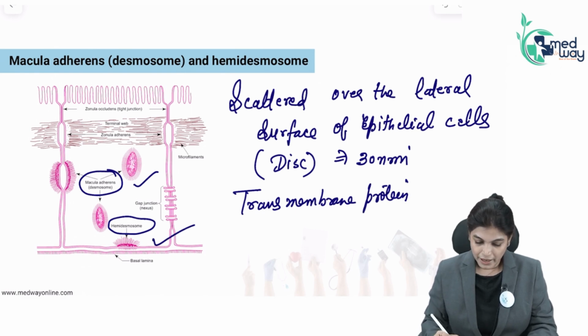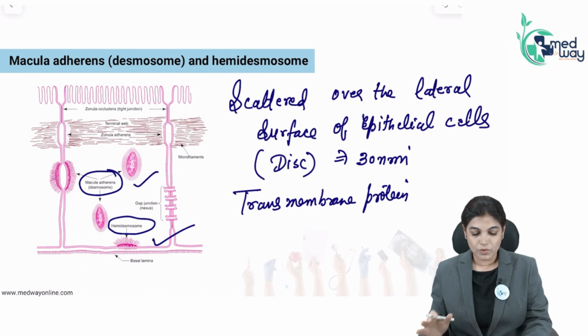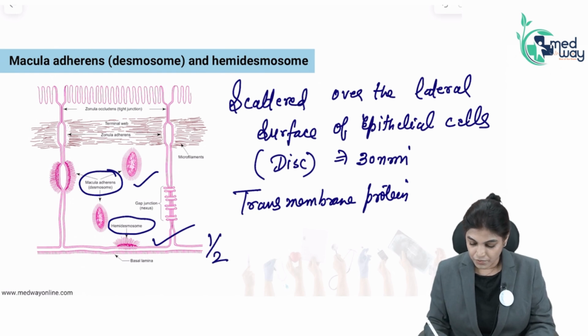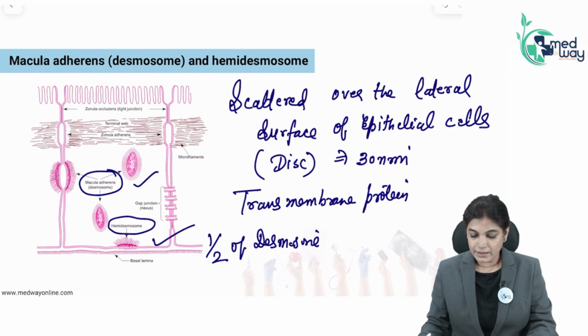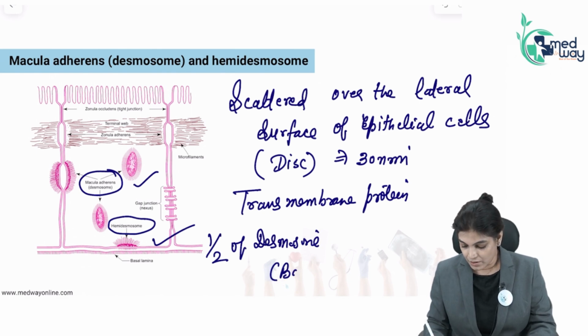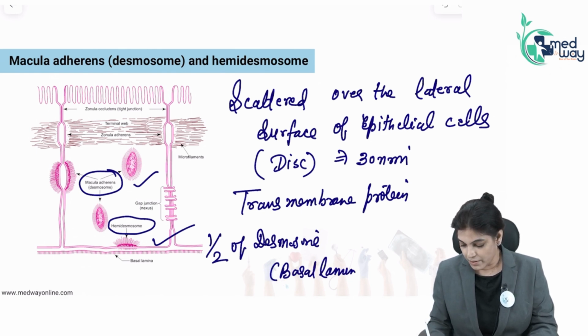Hemidesmosomes are more towards the basal aspect, shaped like half a desmosome, close to the basal lamina, as shown in the image.